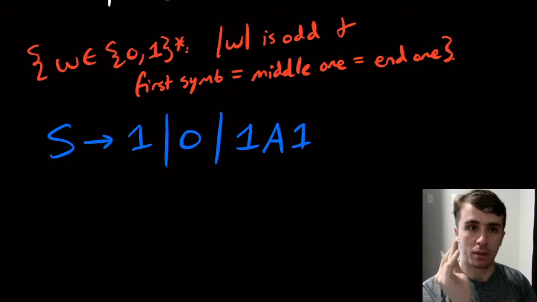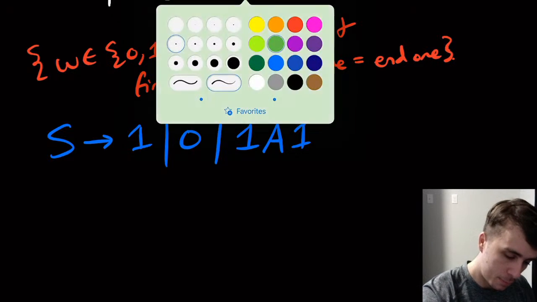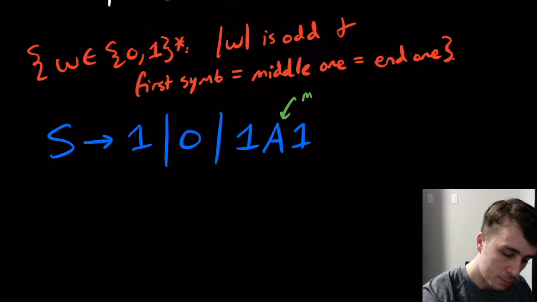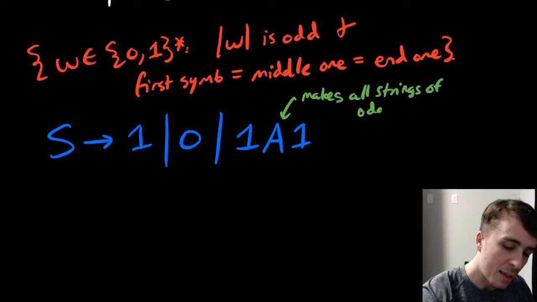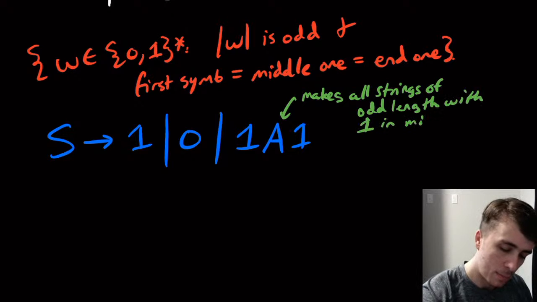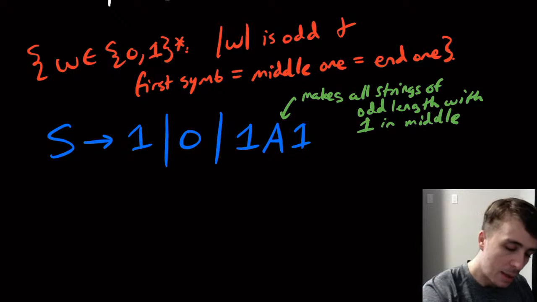So the A variable makes all strings of odd length with 1 in the middle. This one's actually pretty easy to do.